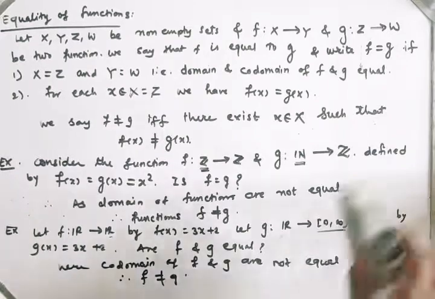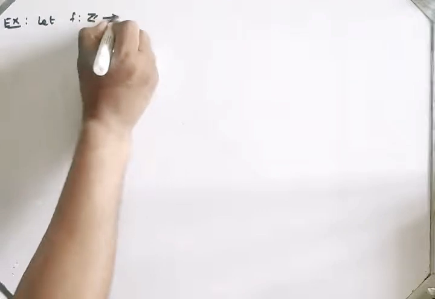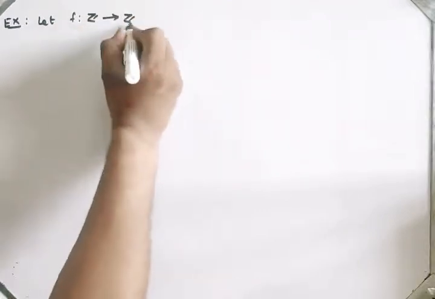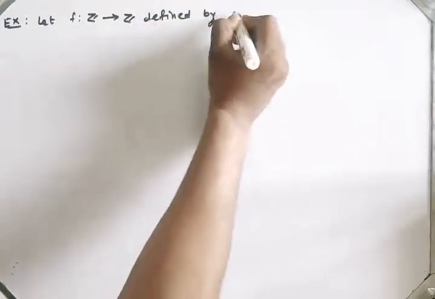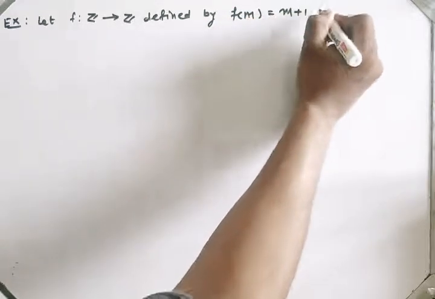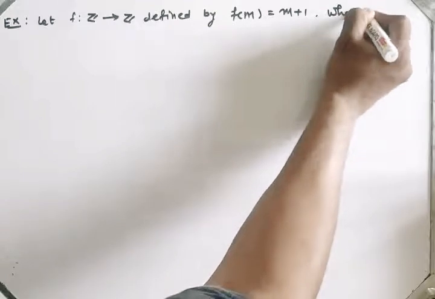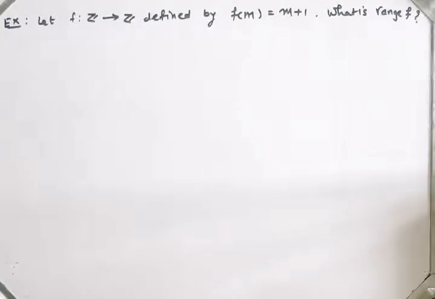Now let's see some examples of how to find the range of functions. Let f be a function from the set of integers to integers, so the domain is integers and the codomain is again integers, defined by f of m is equal to m plus 1. What is the range of f?